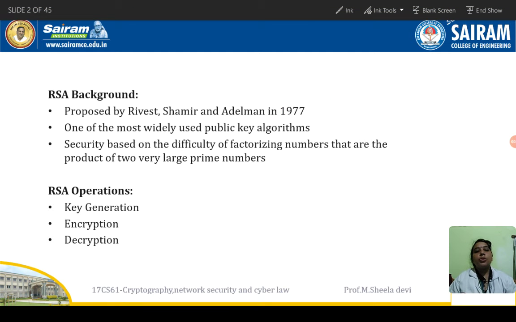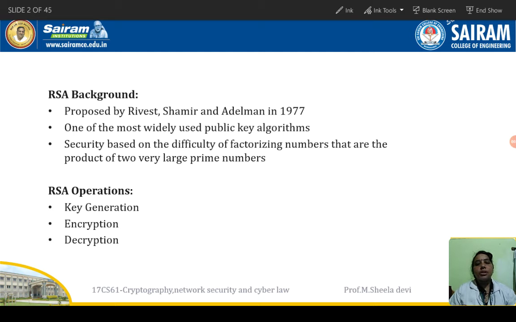If we are going to encrypt the message with either the private or the public key, then at the receiver side, after receiving the message, if the sender has encrypted the message with the private key, the receiver should decrypt with the public key of the sender.